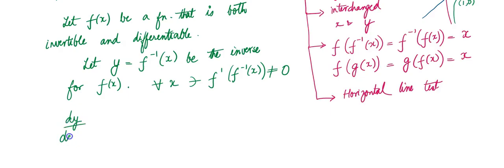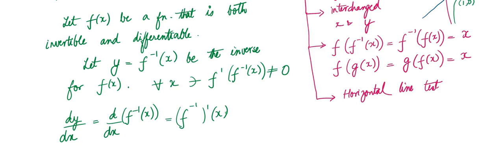All right, so this is the theorem, dy over dx. We're calling y as f inverse of x, so we are replacing the y with f inverse of x. So another notation for that will be f inverse prime of x. Just showing you all the different ways in which we can write this. And here's the theorem. The theorem says that's going to be 1 over f prime of f inverse of x.